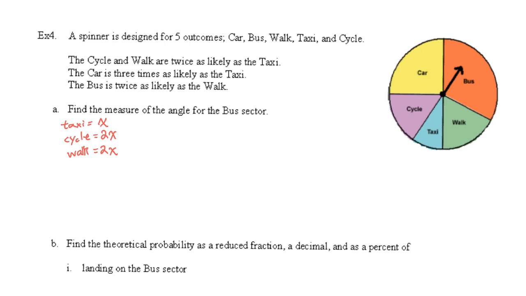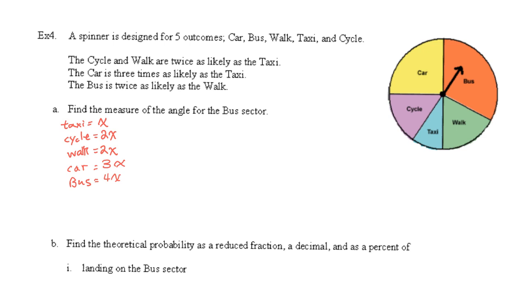So let's go and see what it says here. It says a car is 3 times as likely as a taxi. So here is a car. So a car is 3 times as likely as a taxi. So we'd say that car is 3x. And then a bus is twice as likely as a walk. A walk is 2X, so a bus would end up being 4X.